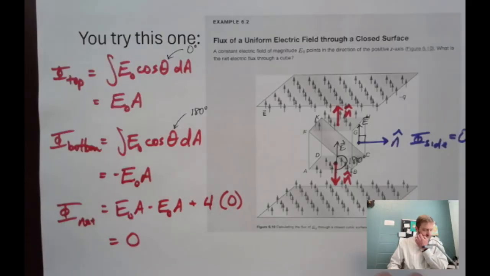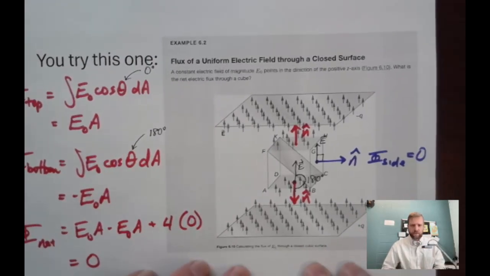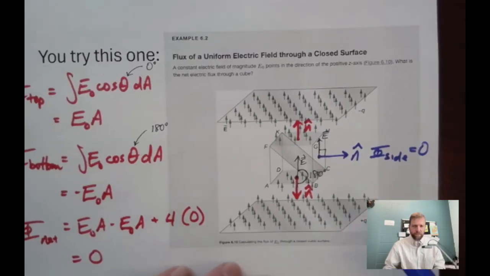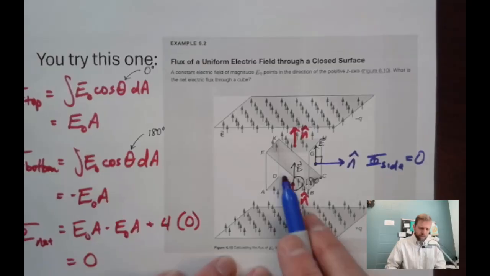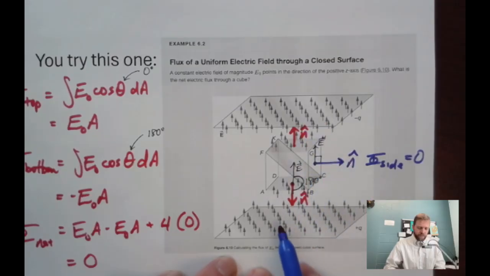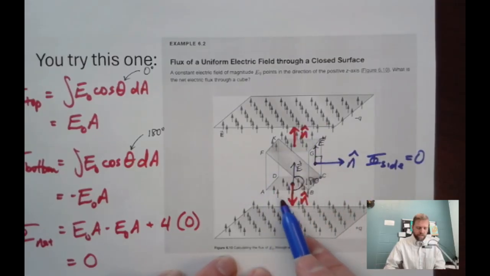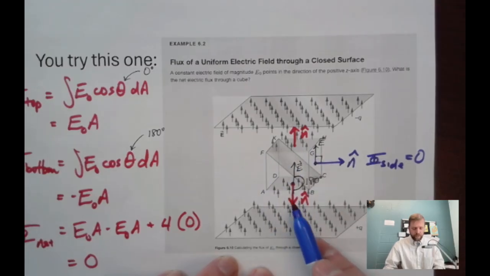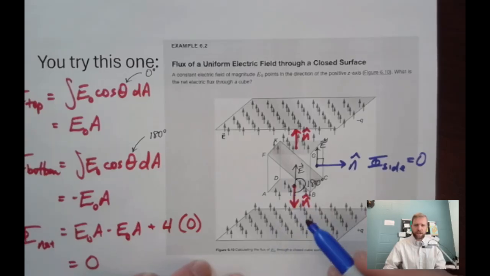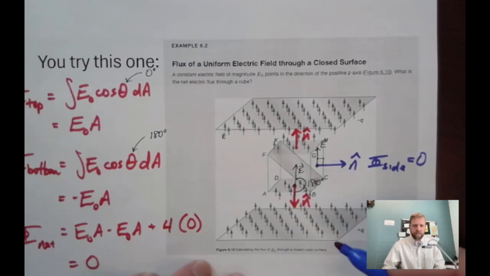Okay. Now, let's just conceptualize this real quick. Does this make sense, that the net electric flux is 0? Well, all the electric field that's going into the box is leaving the box, right? So if you just think about this as, let's say this is a glass cube, and we have sunlight coming into it. How much sunlight is going in versus going out?